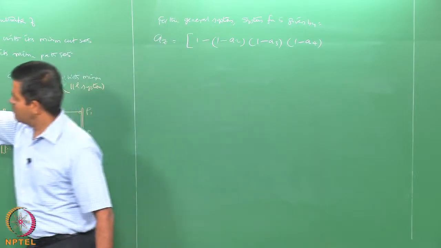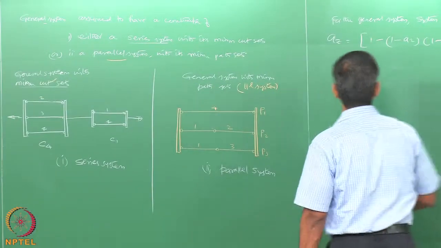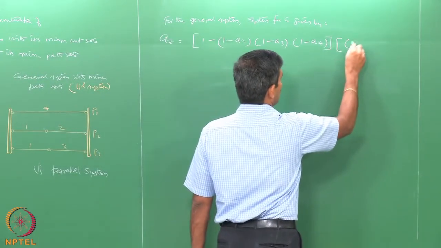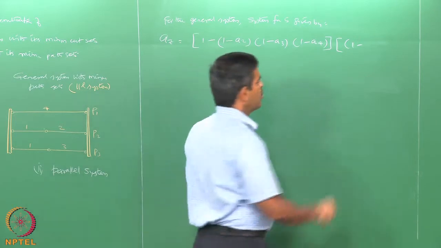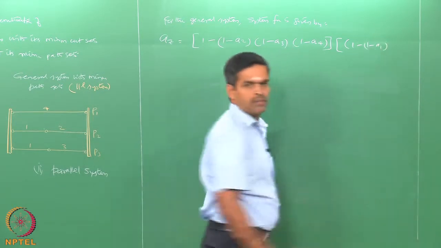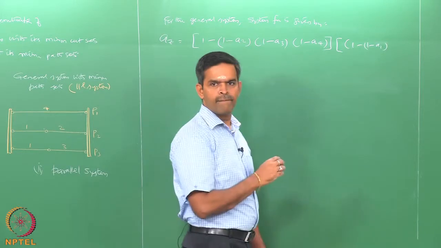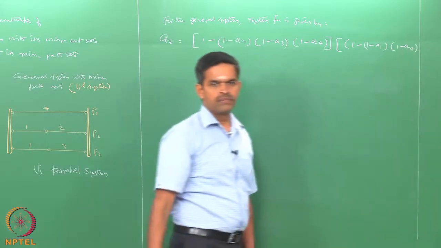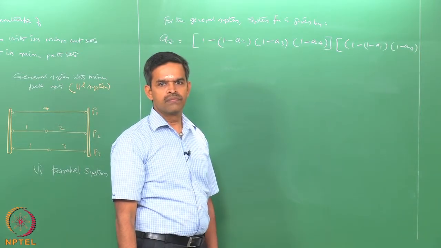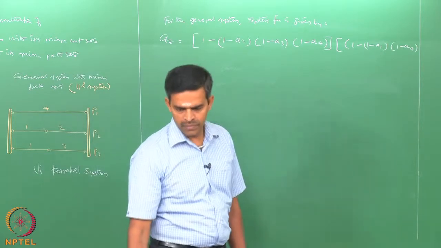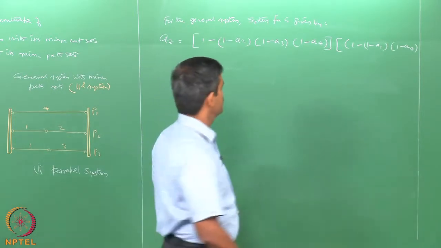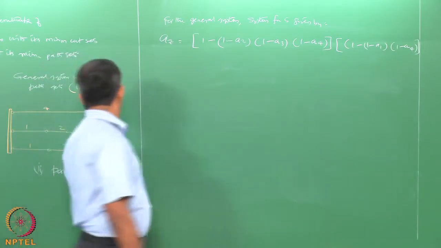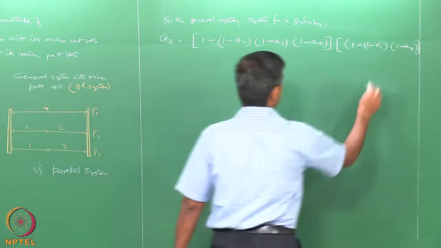These are the combinations we have of that of 1 minus A1, 1 minus A4. I will call this equation number 3.